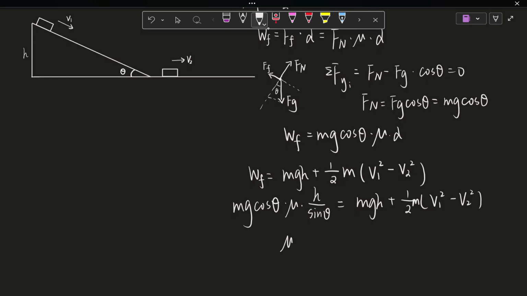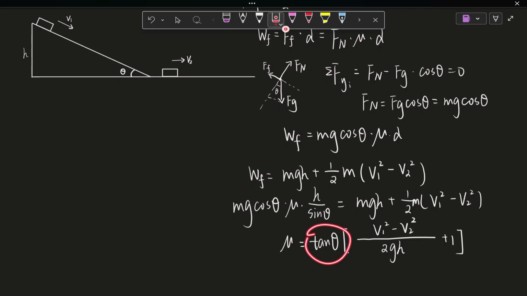Mu is equal to tangent theta times v1 squared minus v2 squared over 2gh, plus 1. And that is your final answer.